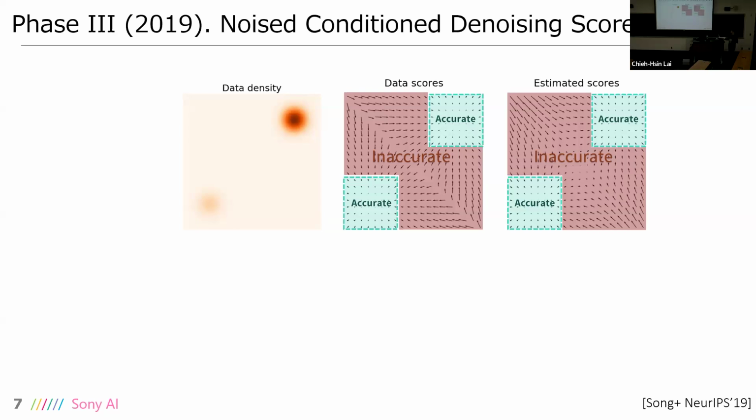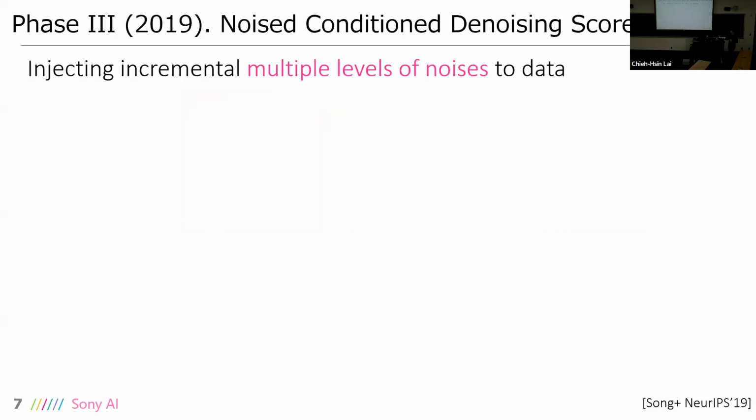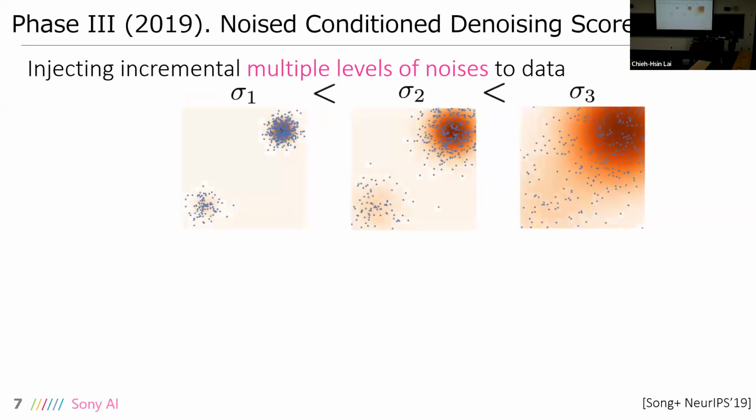So how to deal with that? Back in 2019, a group of people from Stanford proposed a quite naive method to address this problem. How they deal with this is they just prepare multiple levels of noise to inject into your data distribution.